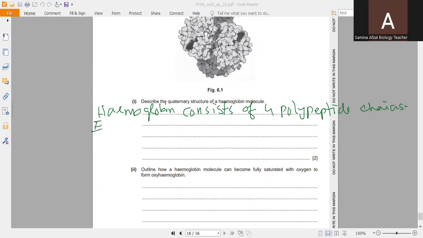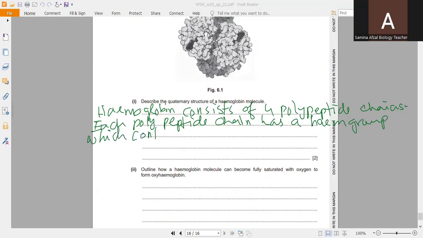Each polypeptide chain has a heme group which contains iron.